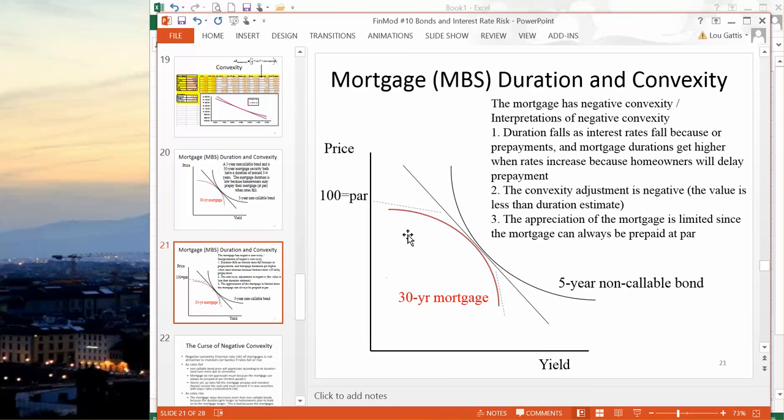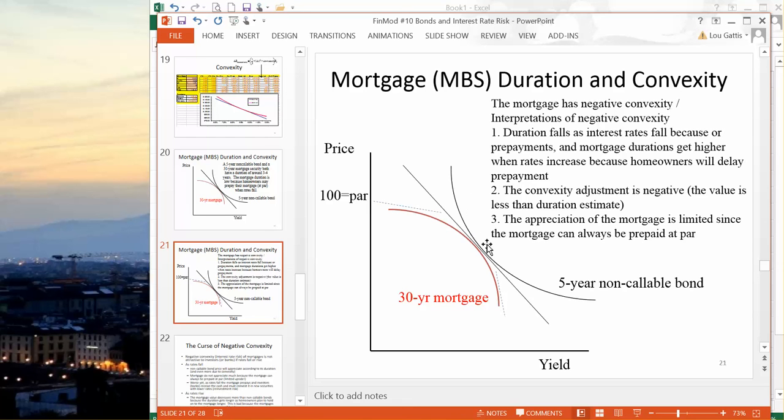Again, a mortgage generally can be prepaid without penalty by the homeowner at any point in time. So let's say a bank has a mortgage and it's worth, say $100,000 at a 4% interest rate when it's issued, so it's maybe priced at par. And as interest rates go up or down, the present value of cash flows is inversely related.